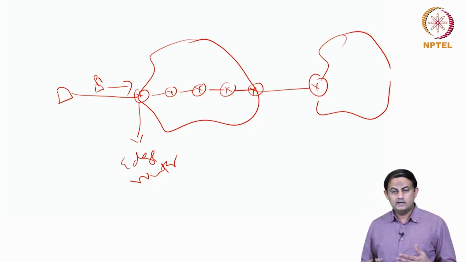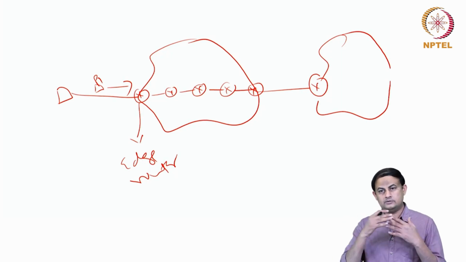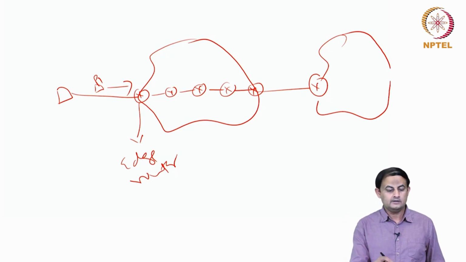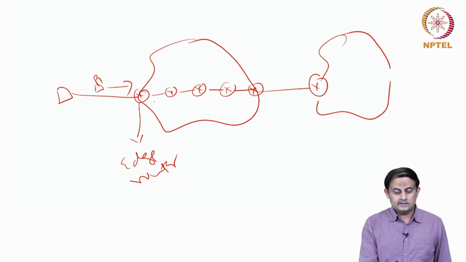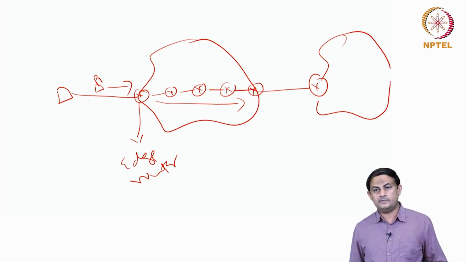Based on that, I am going to put something called a code point, or some marking, on this packet, using which the rest of the routers within this network just look at that marking and then forward the packets.